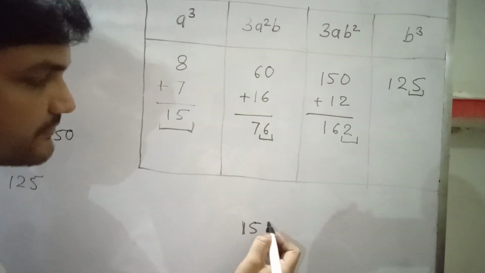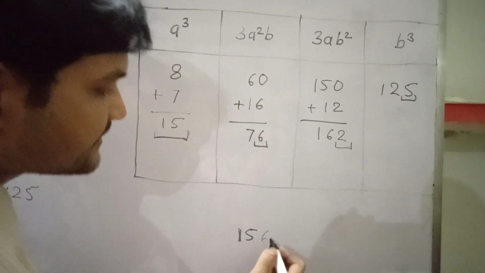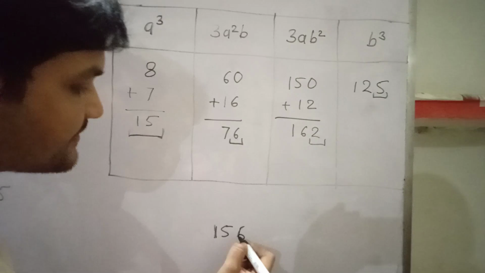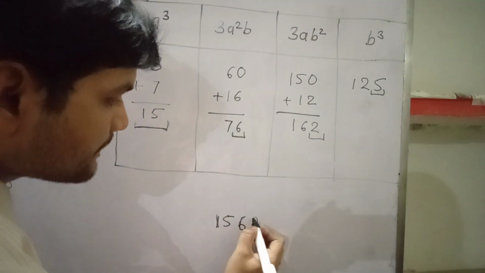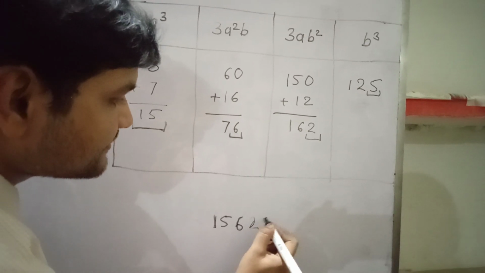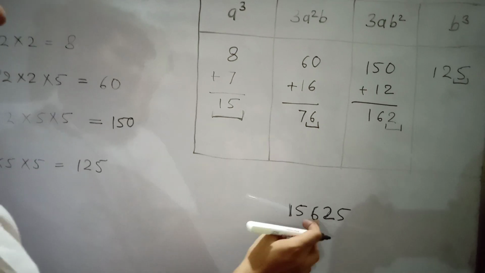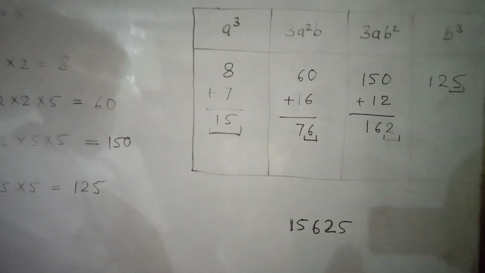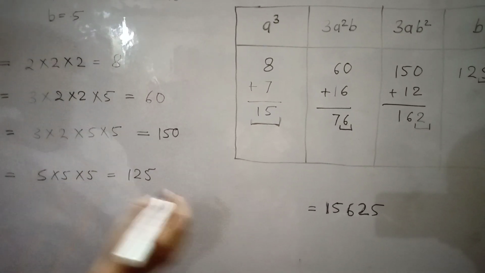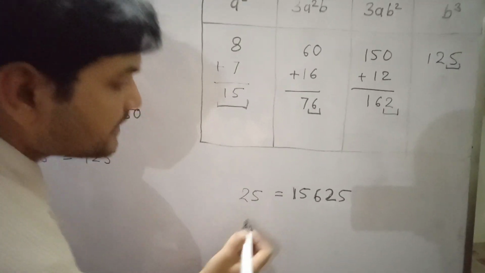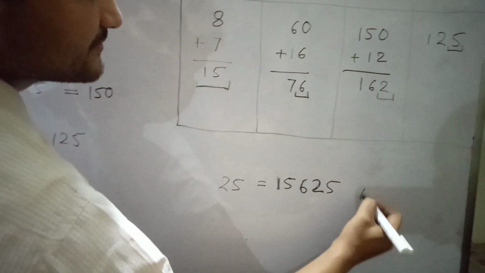In the second column the underlined digit is 6, in the third column the underlined digit is 2, and in the last column the underlined digit is 5. So 15,625 will be the answer. So the cube of 25 will be 15,625.